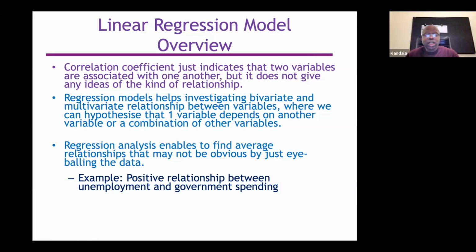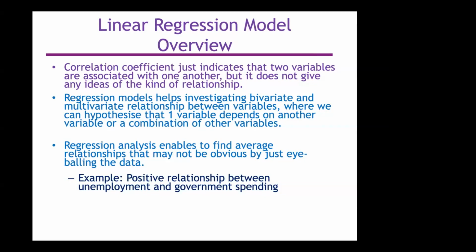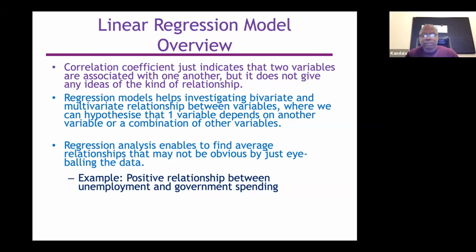So regression analysis helps to find the average relationship that you may not really be able to see by eye in your data. An example of this is if you want to find the association or relationship between unemployment and government spending.